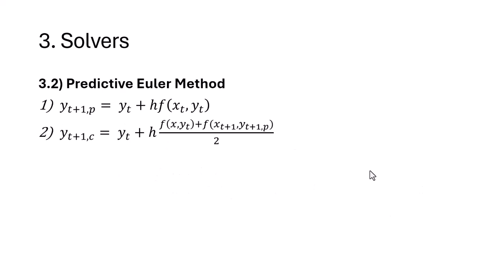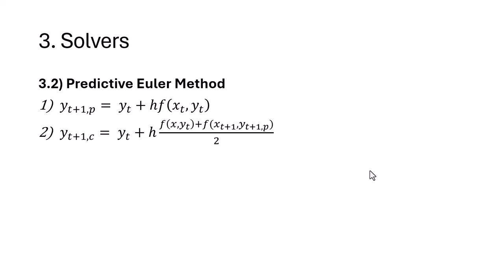And then we have the predictive Euler's method, which is based on Euler's method, but there is a correction applied to it. So from Euler's method, we have y t plus 1 p equals y t plus h f of x t and y t.